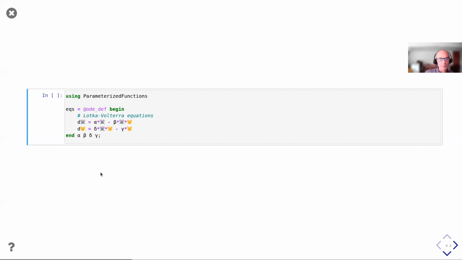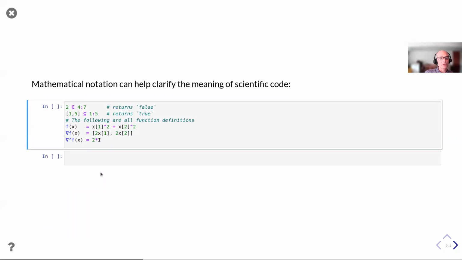So the usage of symbols does not stop at Greek letters. Emoji is a pretty uncommon kind of thing, but the usage of standard mathematical notation is widespread in the Julia community. And I think it really enhances the readability of a lot of code. In the first line, any mathematician would probably guess that this is asking whether 2 is an element of a set that includes 4, 5, 6. You might not know that it includes 7, but it also does. And so it is not, for example.